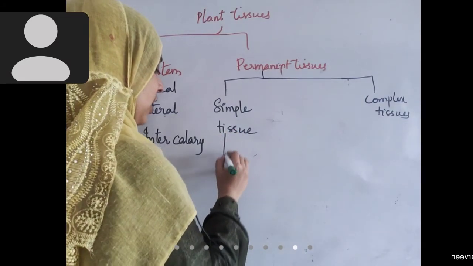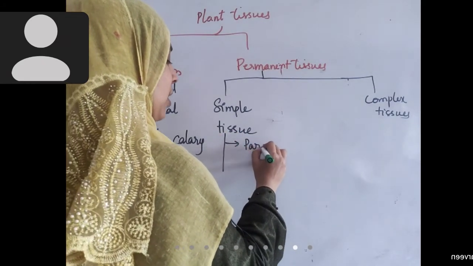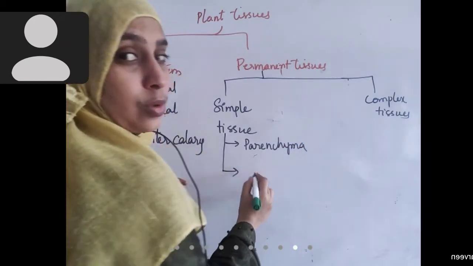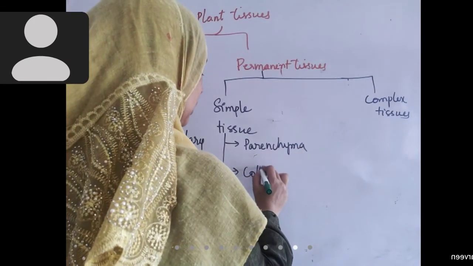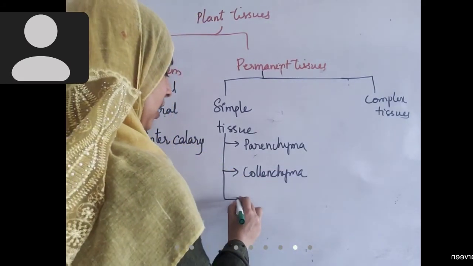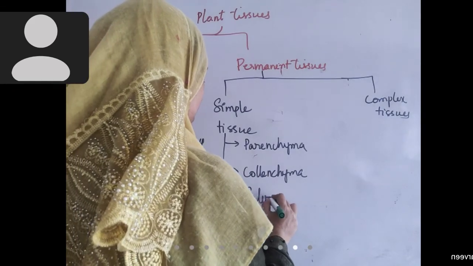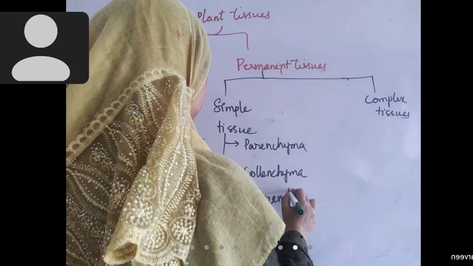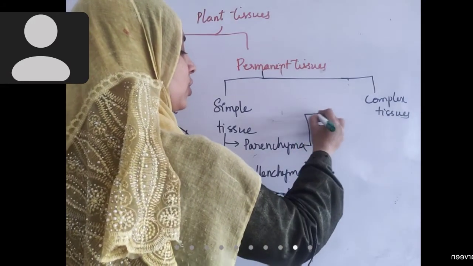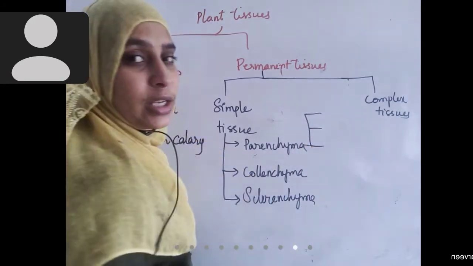Simple tissue is divided into parenchyma, collenchyma, and sclerenchyma. Parenchyma is divided into three types. What are they? Can you remember?